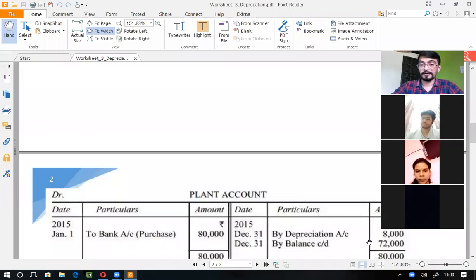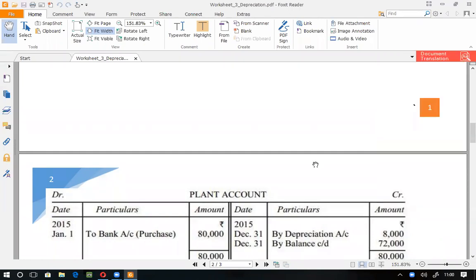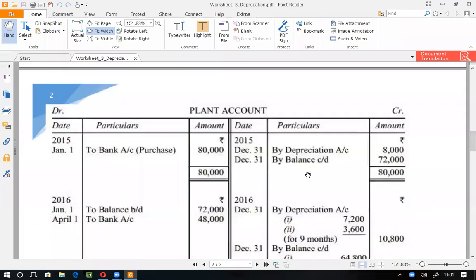I hope you are doing it in your notebook. So next, this remaining value will be carried down to the next accounting year. So in the next accounting year, 72,000 was the remaining value. The same value we brought down to the next accounting year on 1st Jan 2016, which is 72,000.